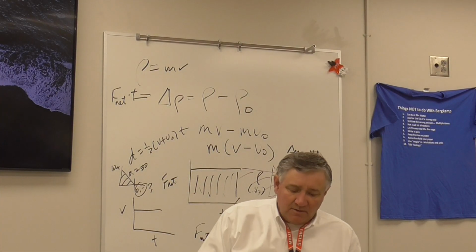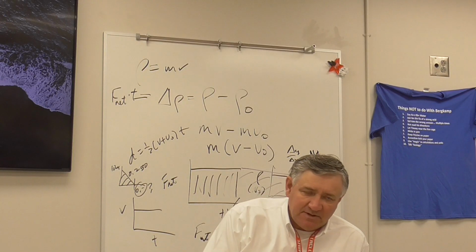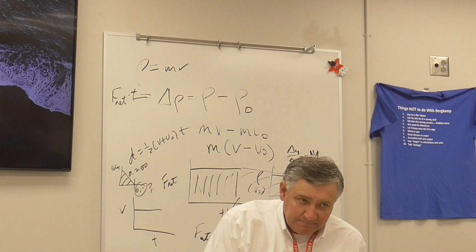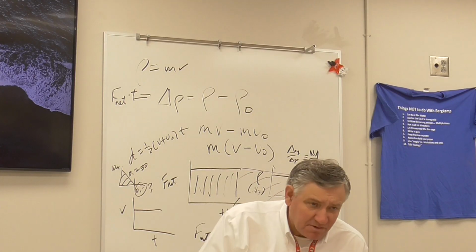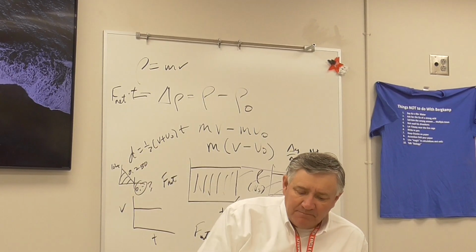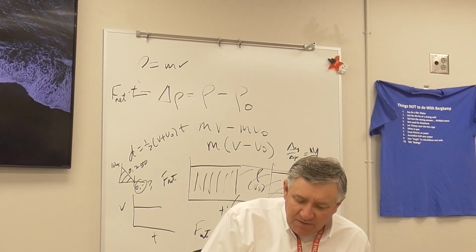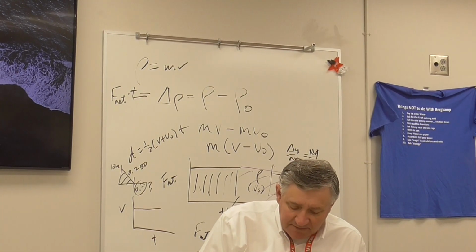If your time is wrong, everything is going to be wrong. On 13A, your time should be 0.05 seconds, which is a short amount of time. So on B, you want to figure out how much force must be exerted on the kid to stop them.